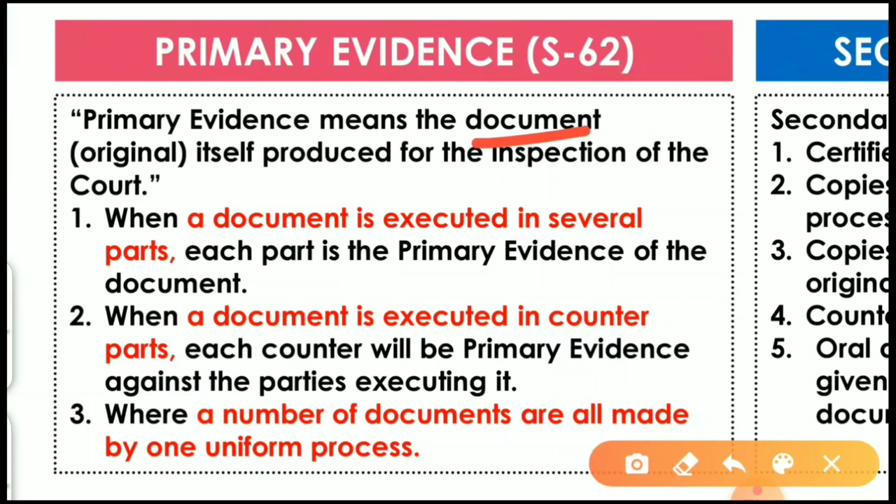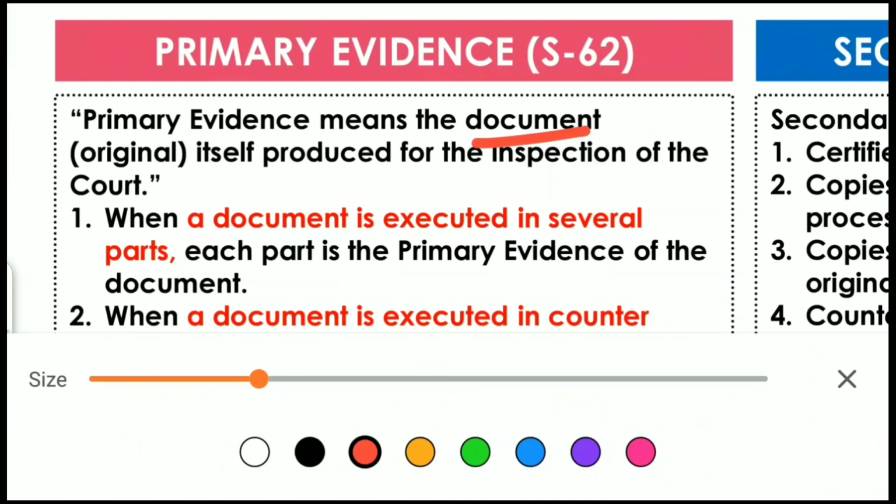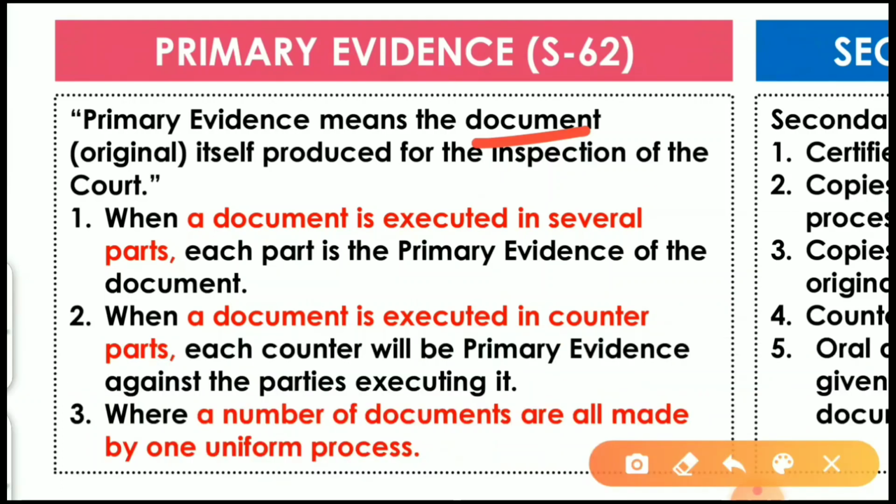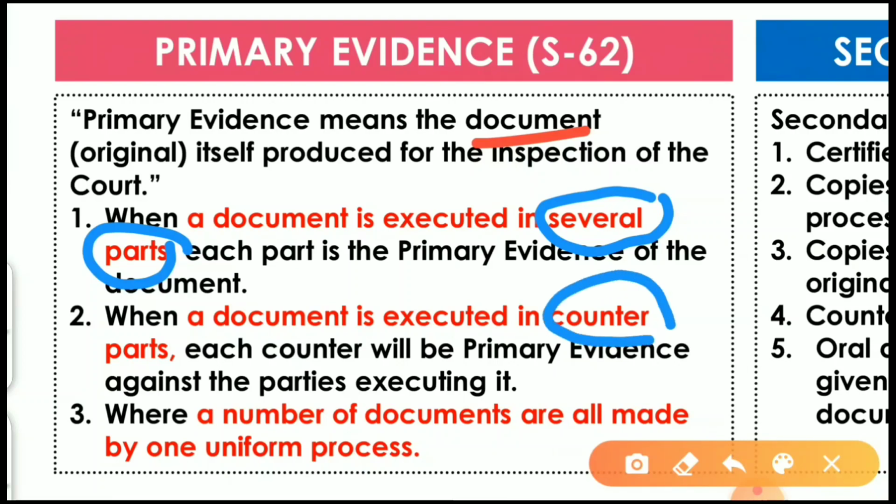When a document is executed in several parts, each part is a primary evidence of the document. When a document is executed in counterparts, each counterpart will be the primary evidence against the parties executing it.